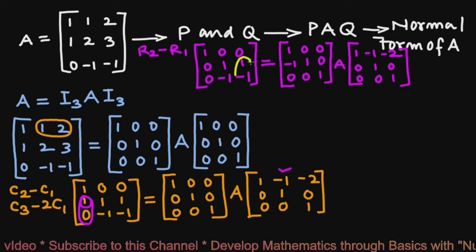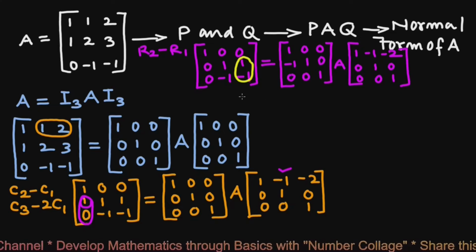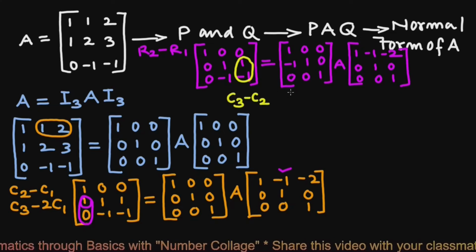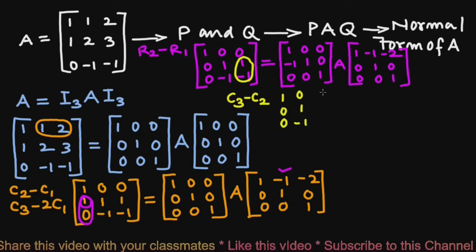Next we have to make these two elements in C3 0. So we perform C3 minus C2. So that gives us the first column and the second column will remain the same.